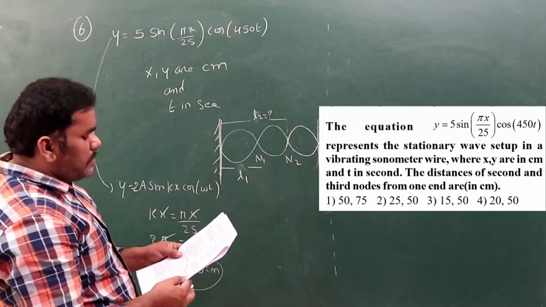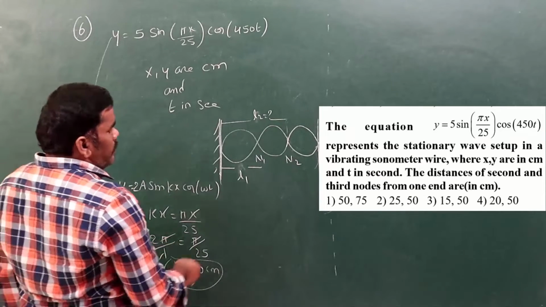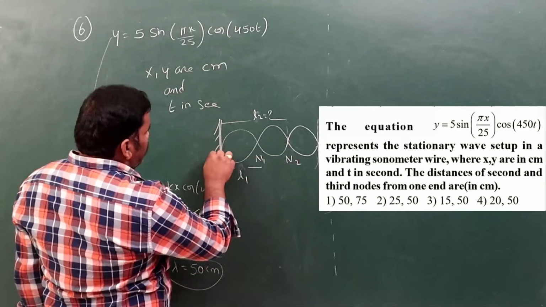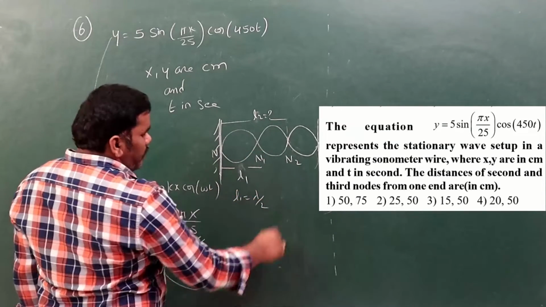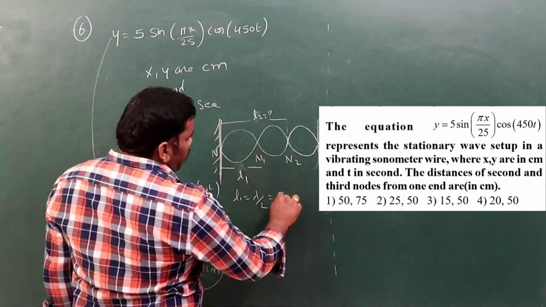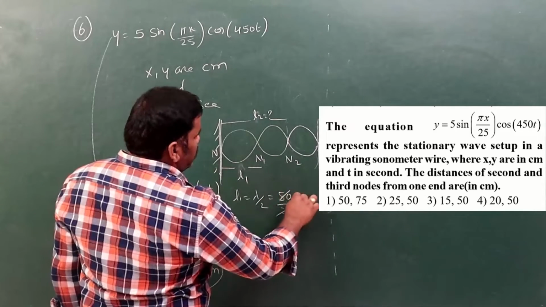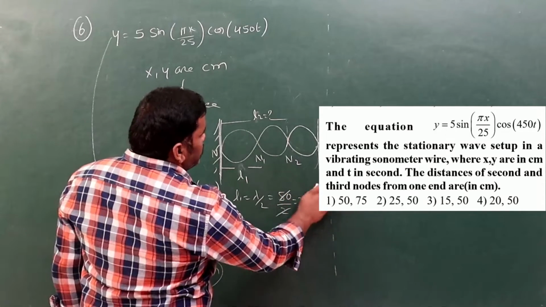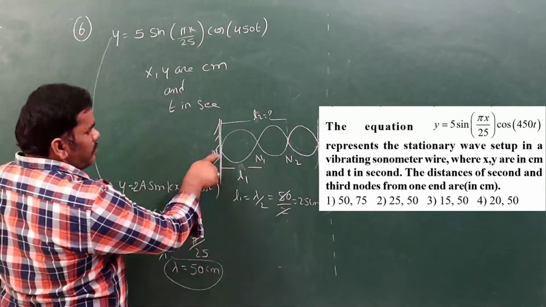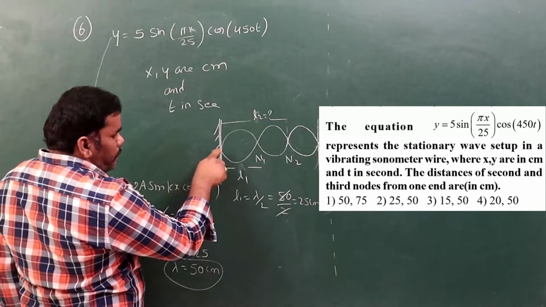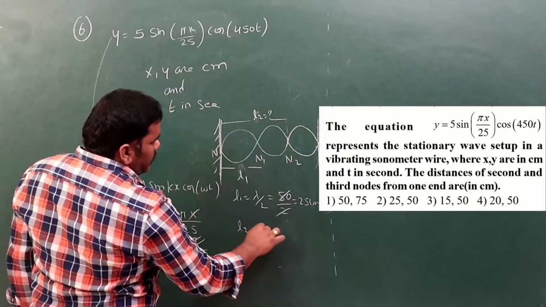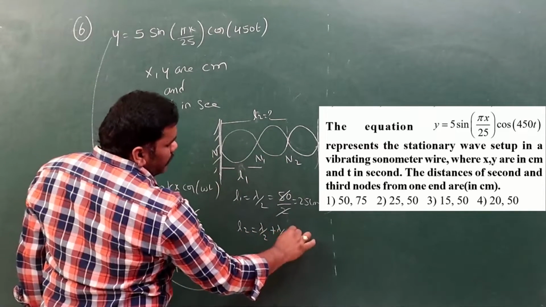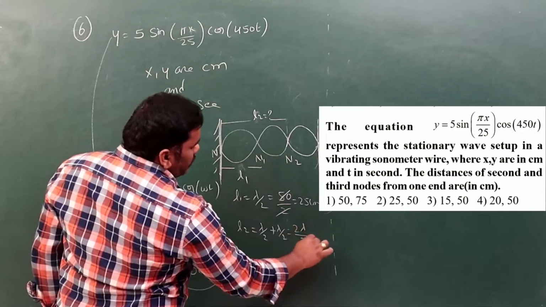The answer is also given in centimeters. We know the distance between node and node is L1 is equal to lambda by 2, that is 50 by 2, equal to 25 centimeters. The distance from one end to the second node, L2, is lambda by 2 plus lambda by 2, that is 2 lambda by 2.